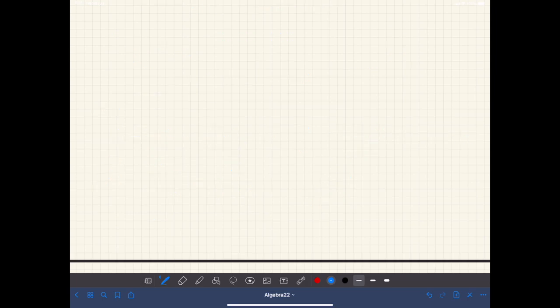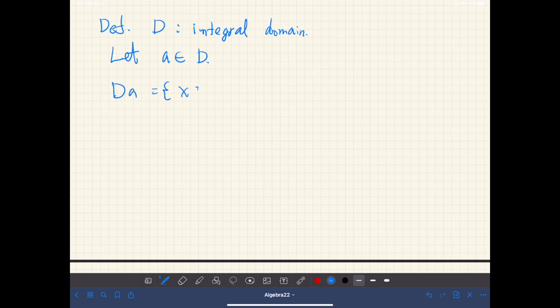And here's another definition. Again, D is an integral domain, and let a be any element of D. Then (a), which is defined as the set {xa}, where x is any element of D, is called a principal ideal.